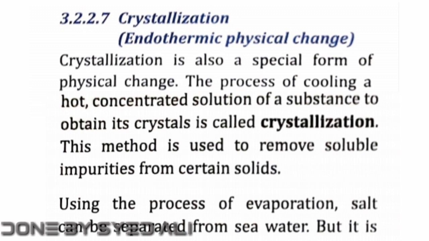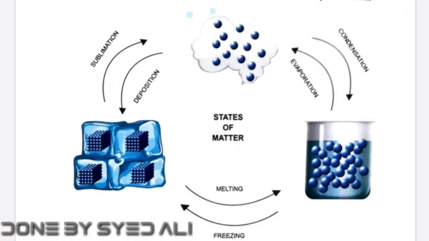This method is used to remove soluble impurities from certain solids. As we have studied, the topic is simplified and the following images will explain the simple form of the physical change as we have studied before.